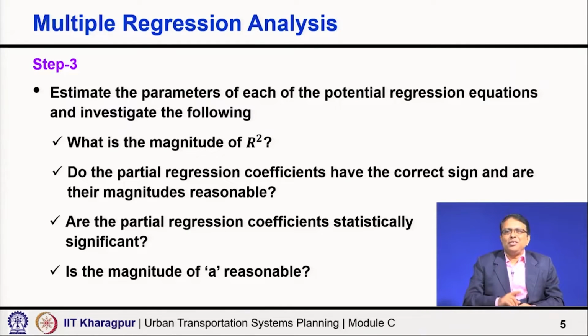What is important is whether the coefficient estimate is statistically significantly different from 0. If it is statistically significantly different from 0, then it is actually contributing to explaining y.